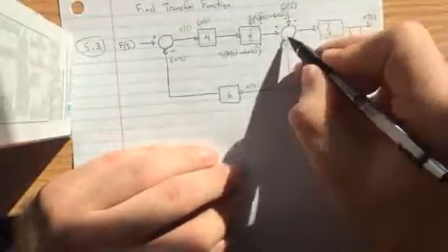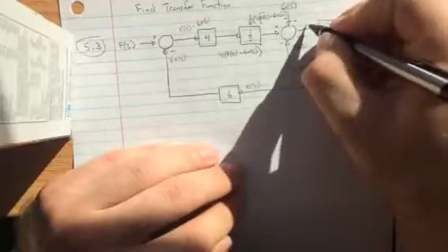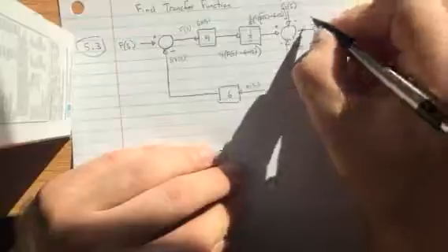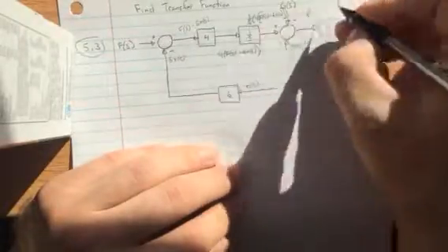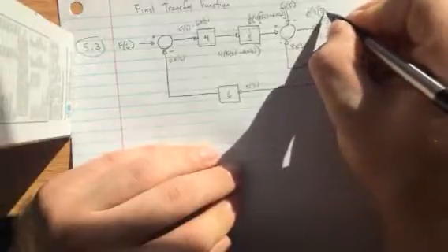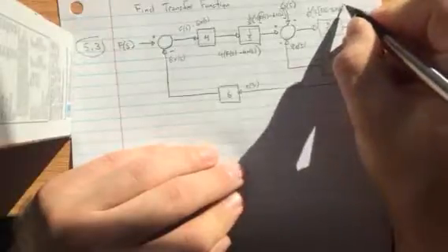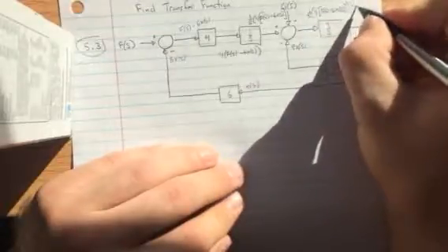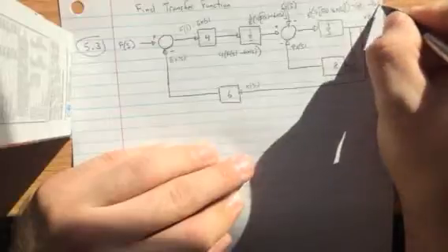And then this summer outputs all of these to this final block, so the input to this final block is going to be 1 over s, this guy here, times 4 times F(s) minus 6X(s). And then we're going to subtract off G(s), and we're going to subtract off 8X(s).